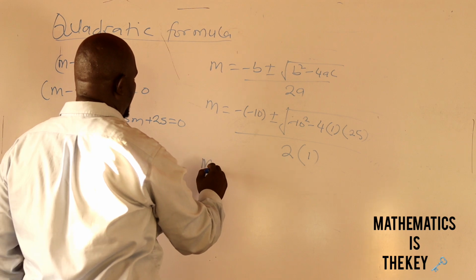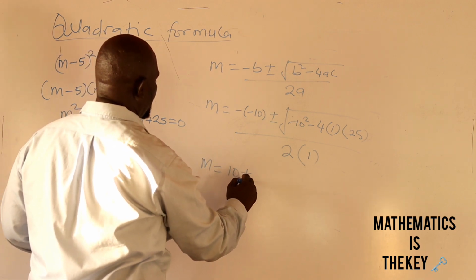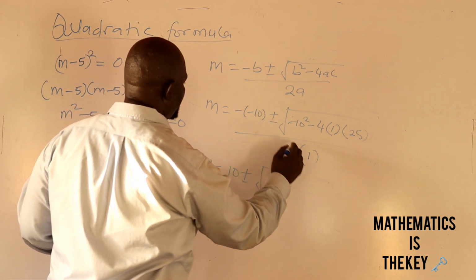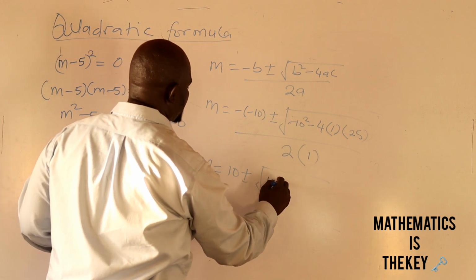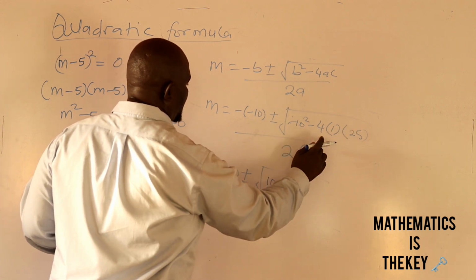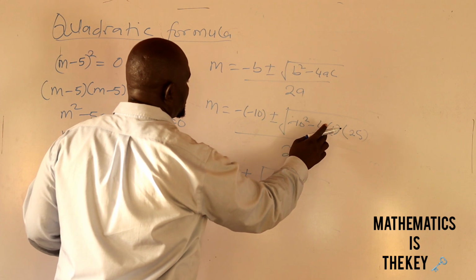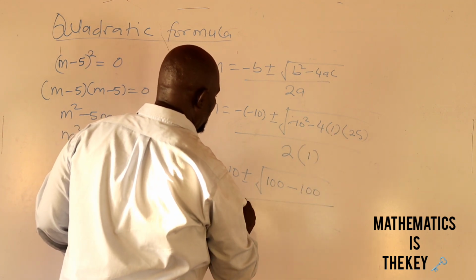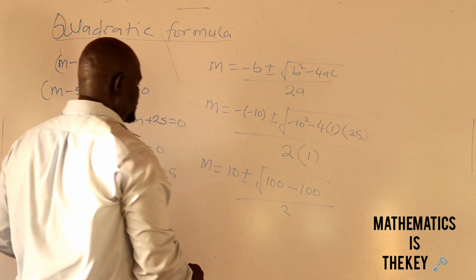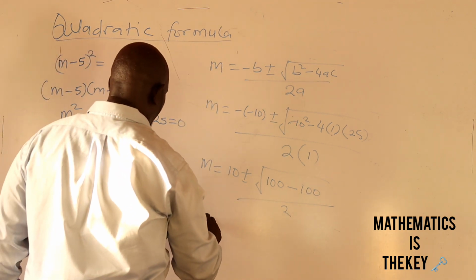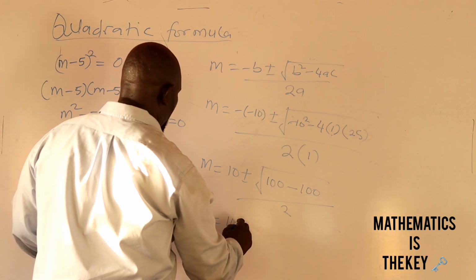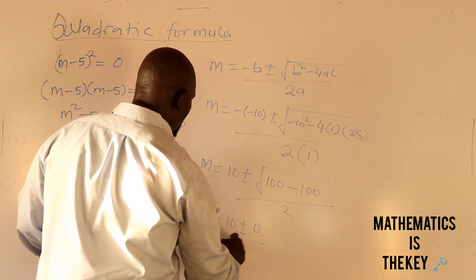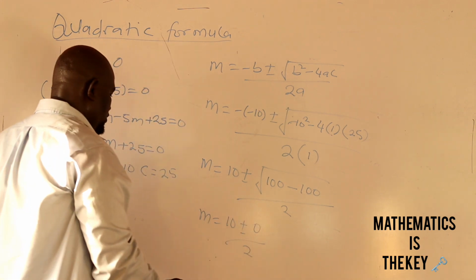Simplifying further, we have m is equal to 10 plus or minus square root of minus 10 squared is 100, minus, we have minus. Then 4 times 1 times 25 is 100 all over 2. So we have m is equal to 10 plus or minus 0 all over 2.